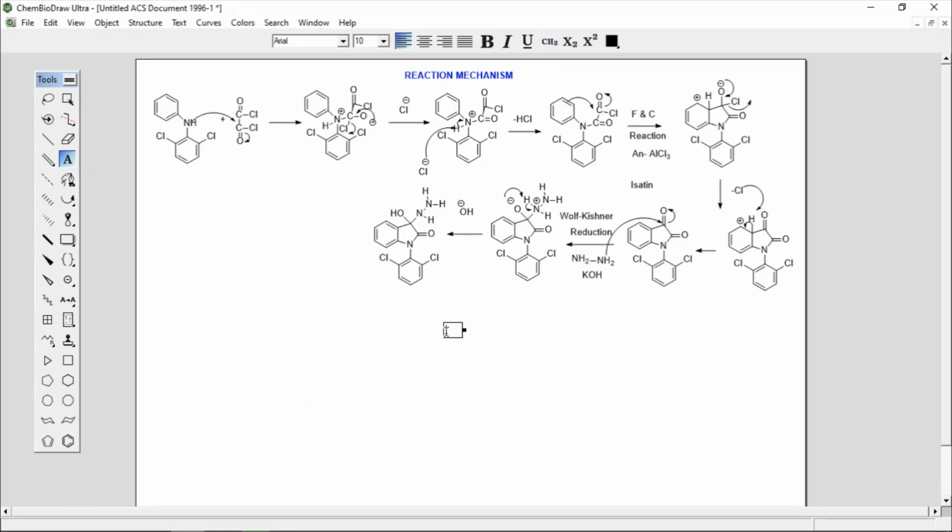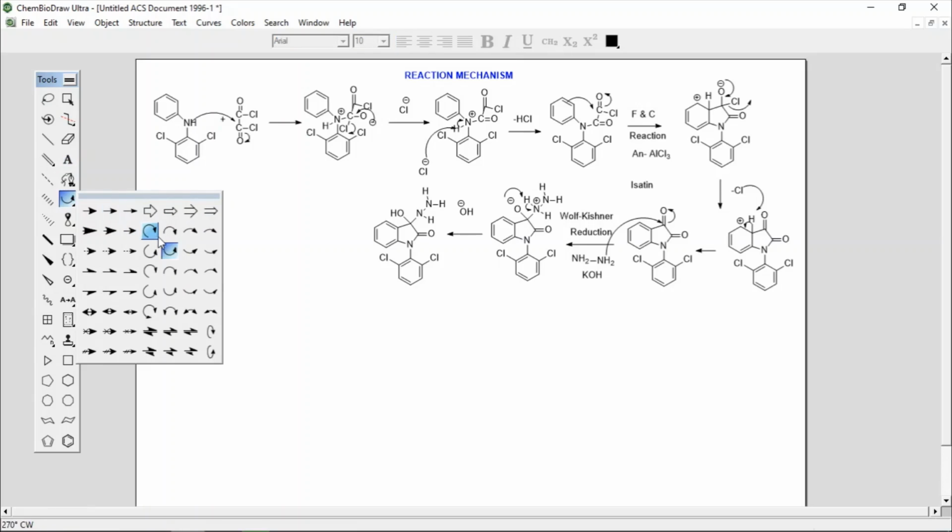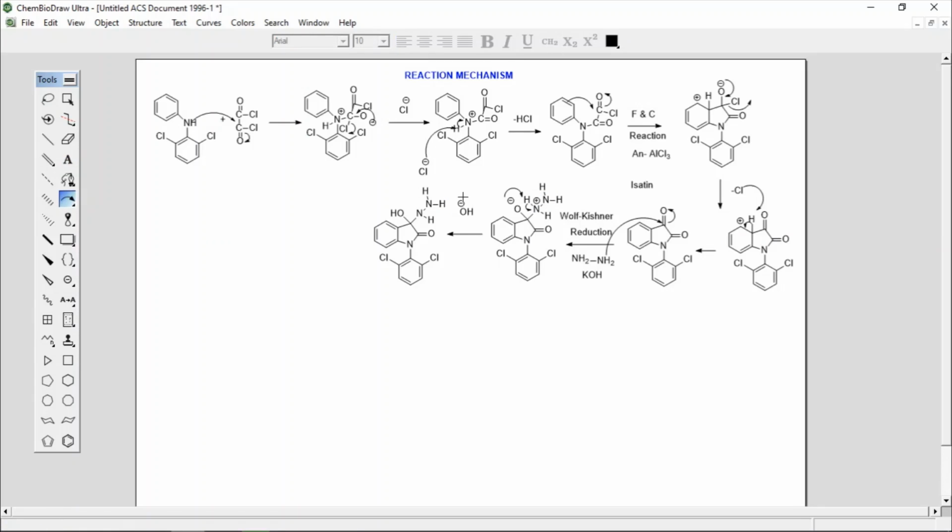This OH minus takes this hydrogen from this nitrogen, and the bond pair shifts here to form a carbon-nitrogen double bond, and this OH is a leaving group. Finally, water is the leaving group overall.